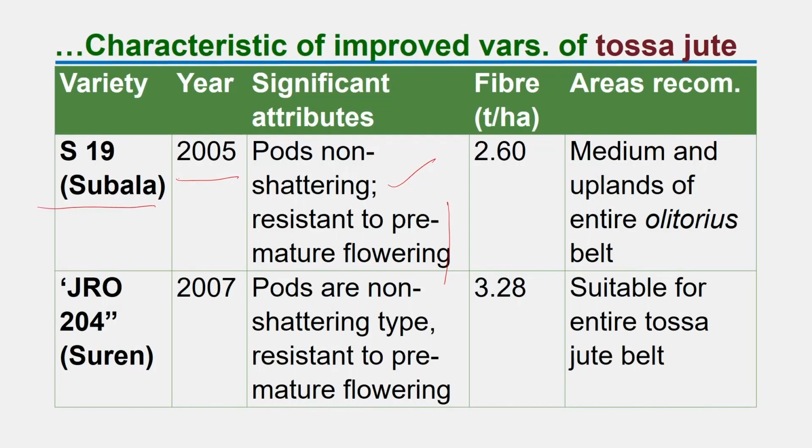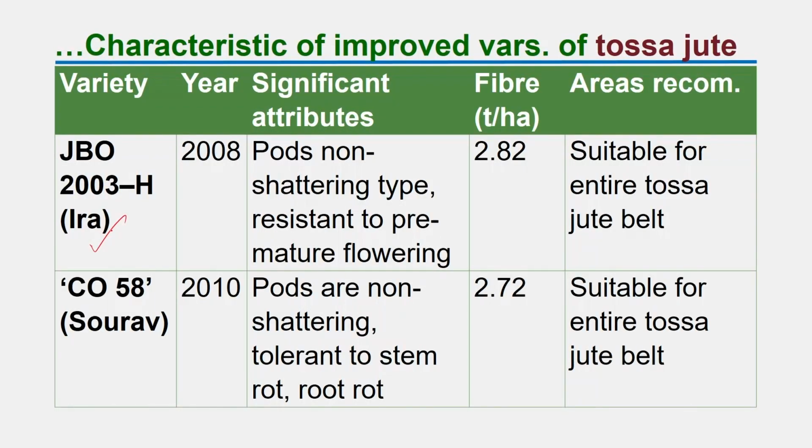So here you can see the next variety is your JRO 204, which is Suren, released in 2005. Pods are non-shattering type, resistant to premature flowering. And you see the yield potential is 3.28 tons per hectare, very high yield potential, and suitable for entire Tosa jute belt.